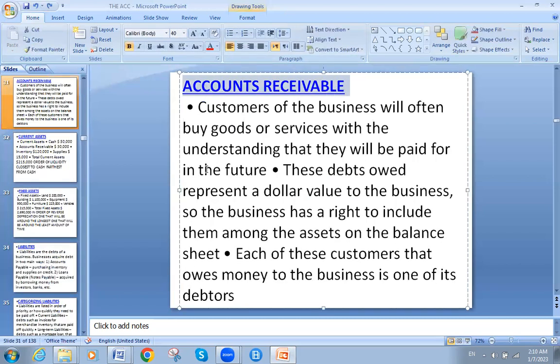So account receivable is one of the components of the current assets.